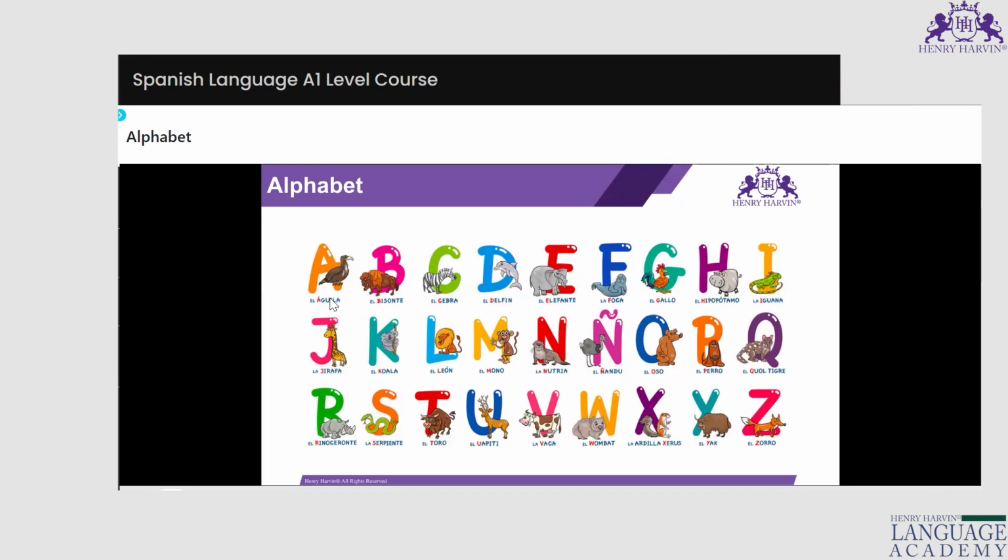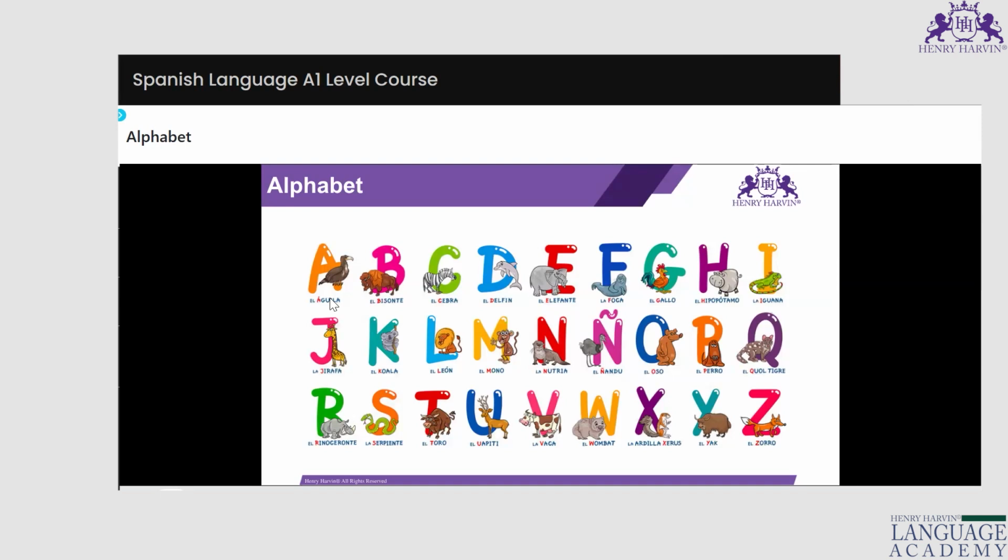If C comes before A, O, and U, it sounds like k. Like casa, house, casa. Then escuela, school, escuela. Como, like or as.